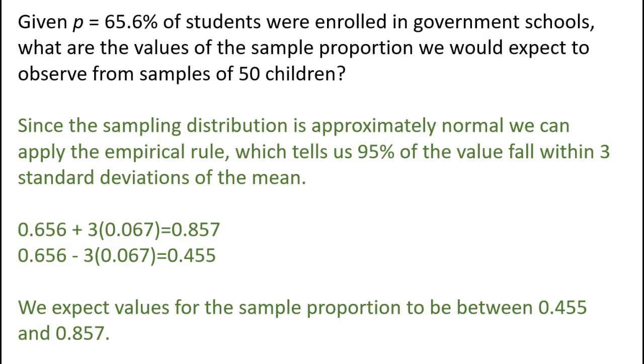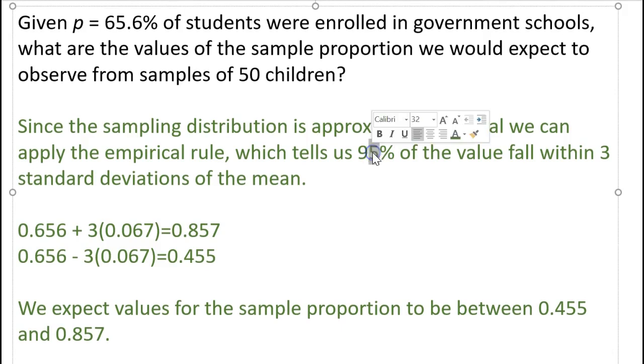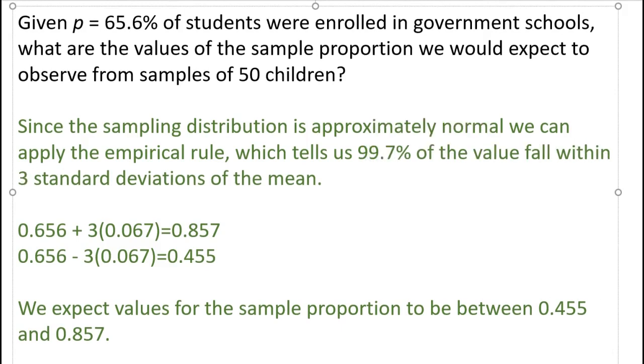Given that p is equal to 65.6% of students were enrolled in government schools, what are the values of the sample proportion we would expect to observe from samples of 50 children? Since the sampling distribution is approximately normal, we can apply the empirical rule. Recall that the empirical rule tells us, and this should say 99.7%, of the values fall within 3 standard deviations of the mean.